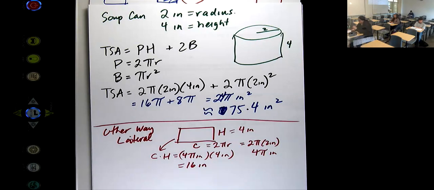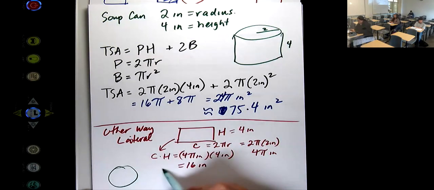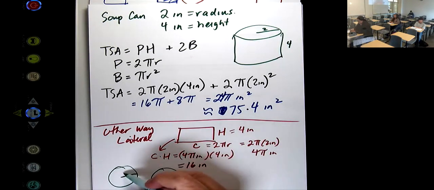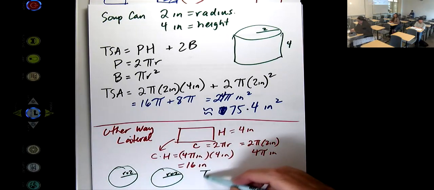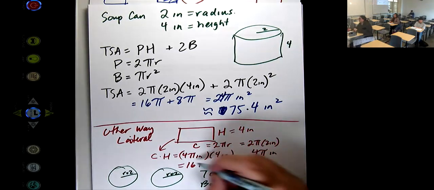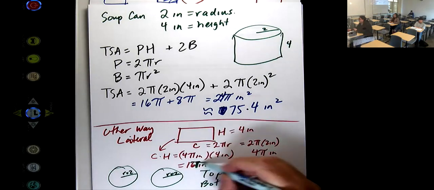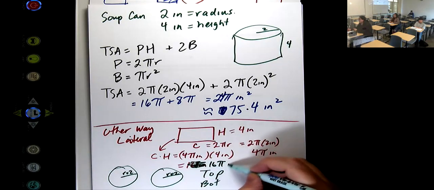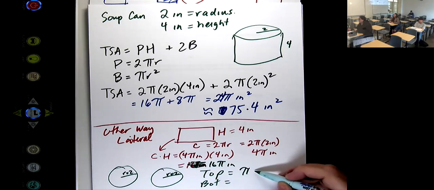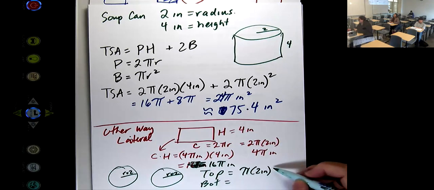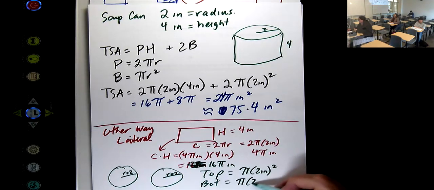Then we got to do the top and the bottom. Both of them are a circle of radius 2. So top and bottom are the same. It's pi r squared. So pi times 2 inches squared. Each of these are going to give us 4 pi.